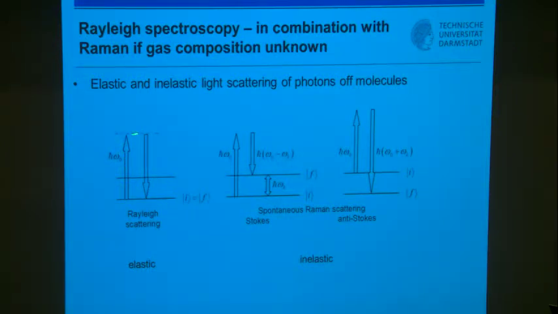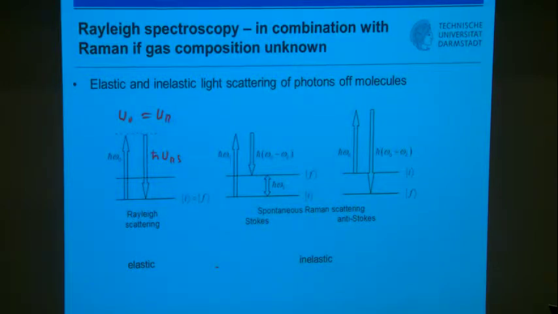That is the only thing you shine in. It returns back to an allowed, existing eigenstate. And in Rayleigh scattering, it goes back to the state where it came from. So the initial equals the final state. That means that the scattered radiation, if omega 0 is the laser frequency, is identical to the Rayleigh scattered light.